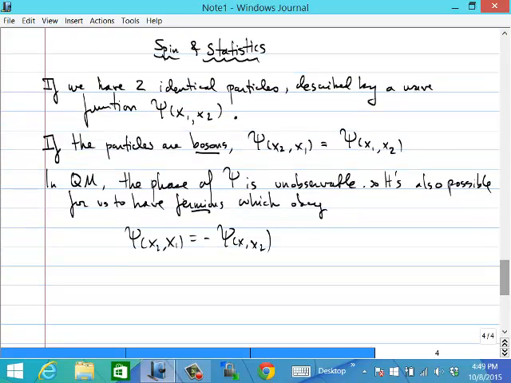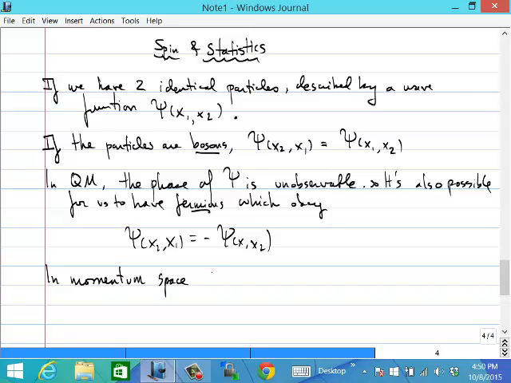Now, I've phrased everything here in terms of a pair of particles, but of course you can have n particles, and the statement that they're bosons is the statement that the wave function doesn't change if you interchange any two of them, and the statement that you have fermions is the statement that the wave function picks up a minus sign every time you interchange any two of them. And so far I've phrased everything in position space, but in momentum space we could just as easily write down the consequences of being a boson or a fermion.